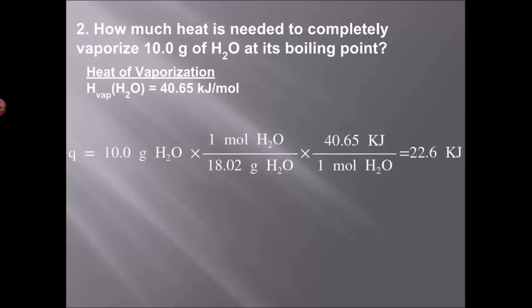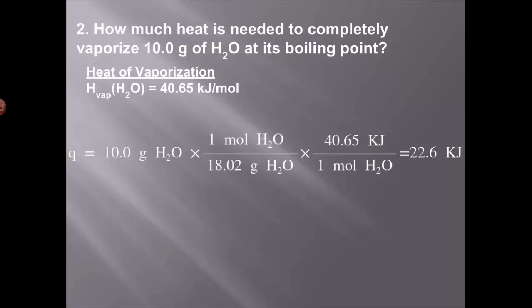Now notice, we can't use Q equals M times C times delta T. And the reason we can't use it here is because of a peculiar thing that happens when a substance undergoes a phase change. Whenever a substance undergoes a phase change, and this is really important, the temperature does not change for the entire time that it takes that substance to make the complete phase change.